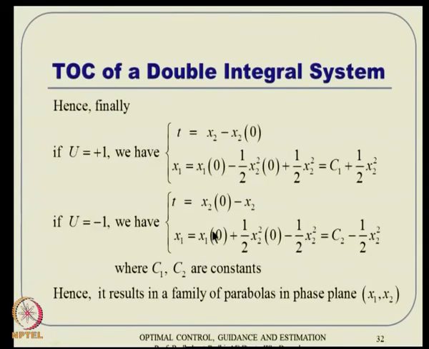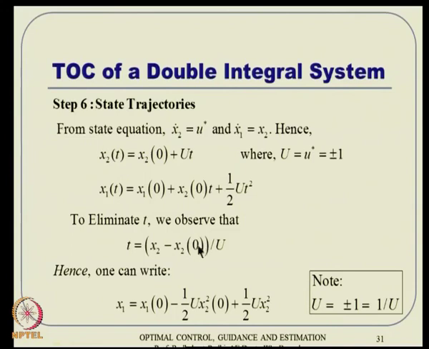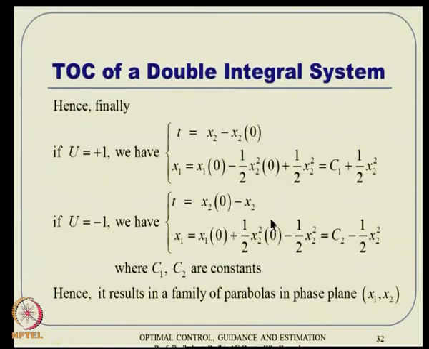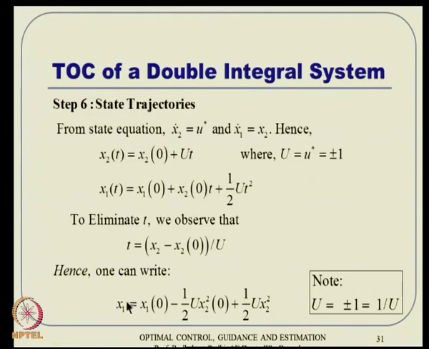Using that, you can write this expression quickly. If u is plus 1, then time is x2 minus x2 0 divided by 1, so it is x2 minus x2 0, and in the relationship for x1 we can just drop u because u is plus 1.